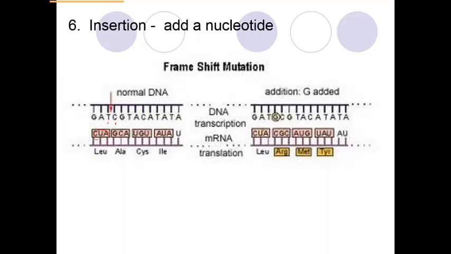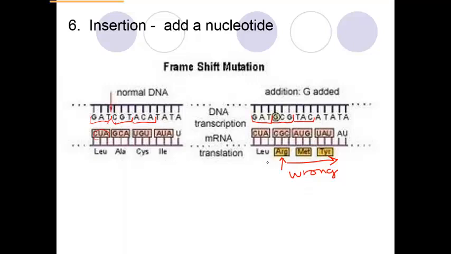So all the letters are still there, GAT, all of these letters here, but since you've inserted a letter, remember we read these by threes, so every 3-letter code is for an amino acid. And if you group these in threes, you can see that all of our 3-letter words now are off a letter. So your amino acid from the point of the mistake and everyone after that, these are all wrong. These amino acids are different from what the original should be.